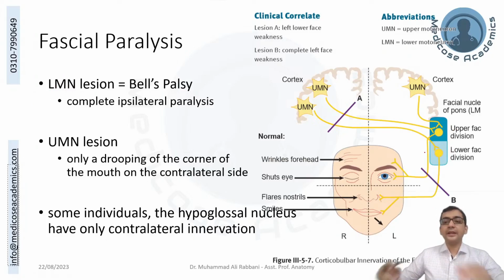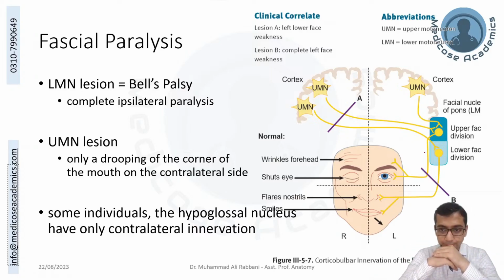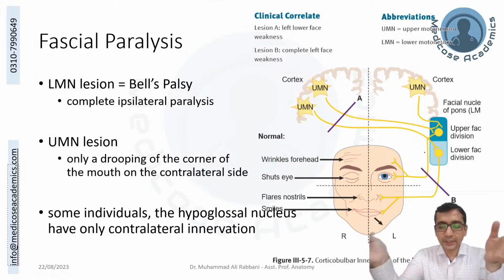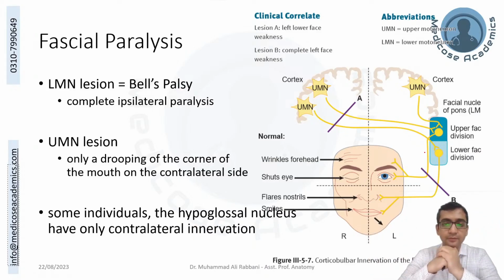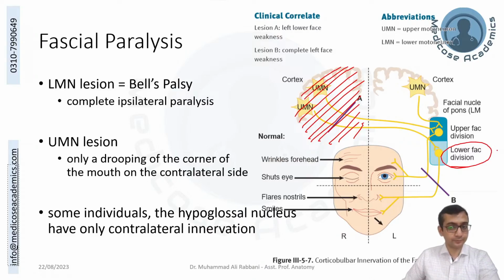However, if any injury is above the facial nucleus, in the midbrain, in the internal capsule, in the corona radiata, in the cerebral hemisphere itself, if there is a stroke, if there is a lesion above the pons, only the lower division gets affected.